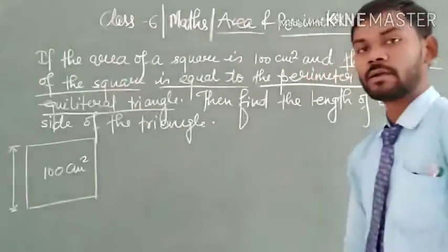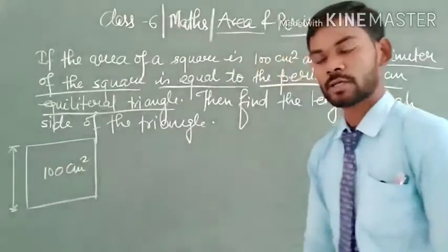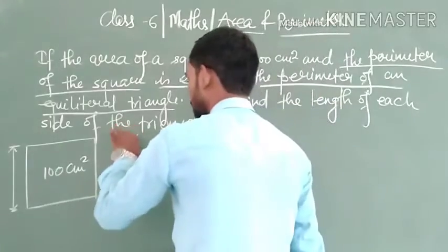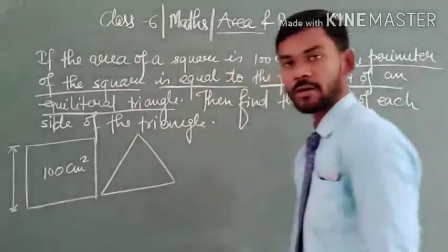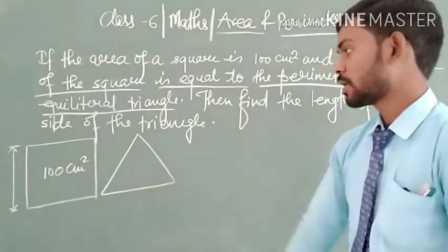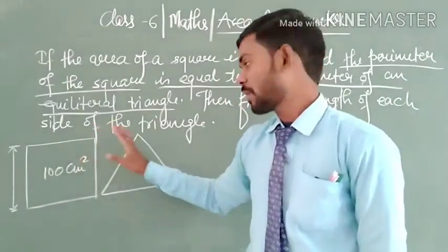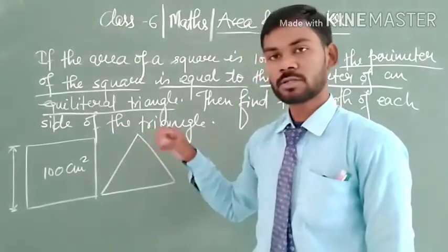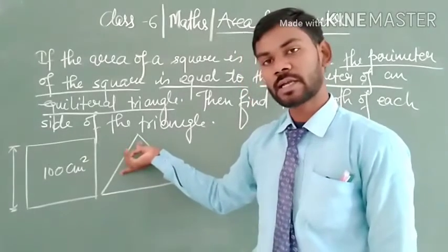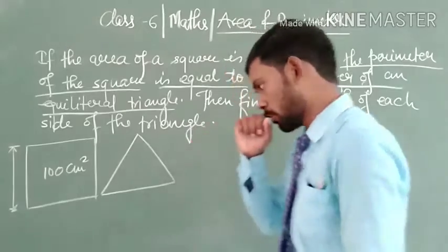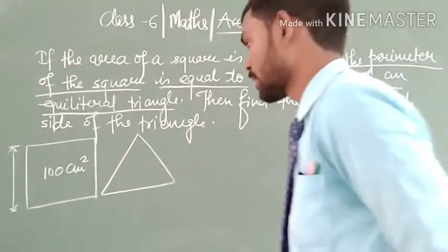When we get the length, we can find the perimeter of the square. The perimeter of the square, as given in the question, is equal to the perimeter of the equilateral triangle. That means the length of the total boundary of the square is the same as the length of the total boundary of this triangle. So we have to find out the length of the side of this triangle. Let us see how we solve this.